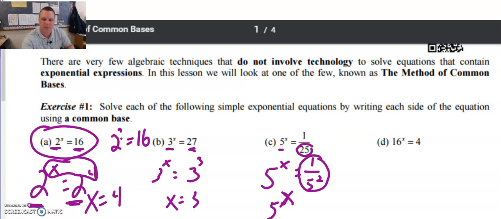I'll make that an x somehow. That will be 5 to the negative 2 power. So remember, we had the negative exponent change to a fraction. The fraction can change back to a negative exponent. Therefore, letter C is x equals negative 2.